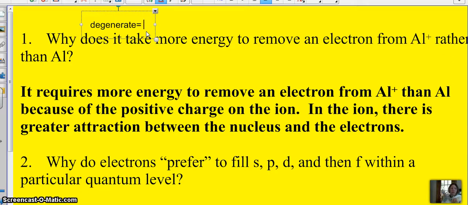The term degenerate, when it comes to this stuff, actually means that all the electrons in a particular sublevel have the same amount of energy.